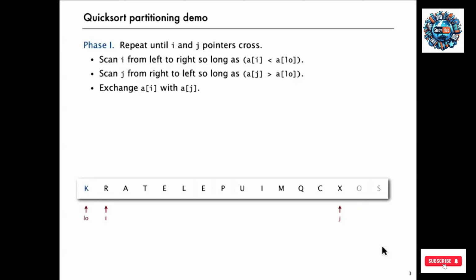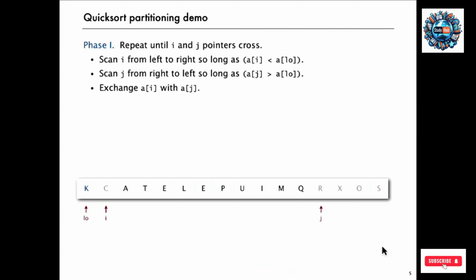The j pointer decrements until it gets to the C, which stops there because that's less than the partitioning element. And so now those two elements are out of place. The partitioning element's in between them and they're in the wrong order. So all we want to do is exchange those and then move on.